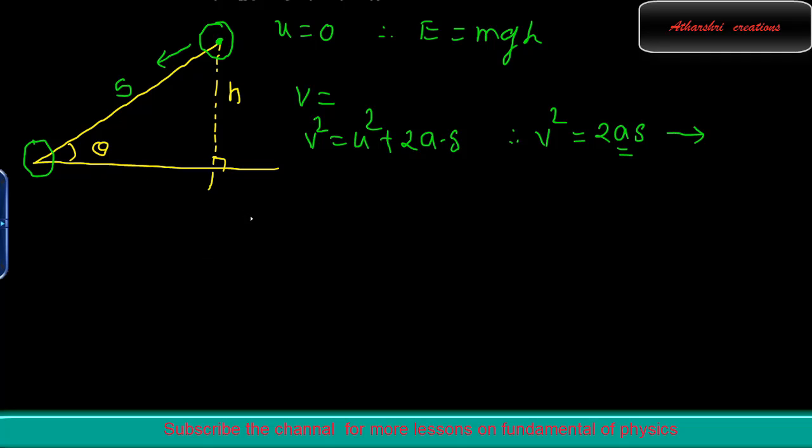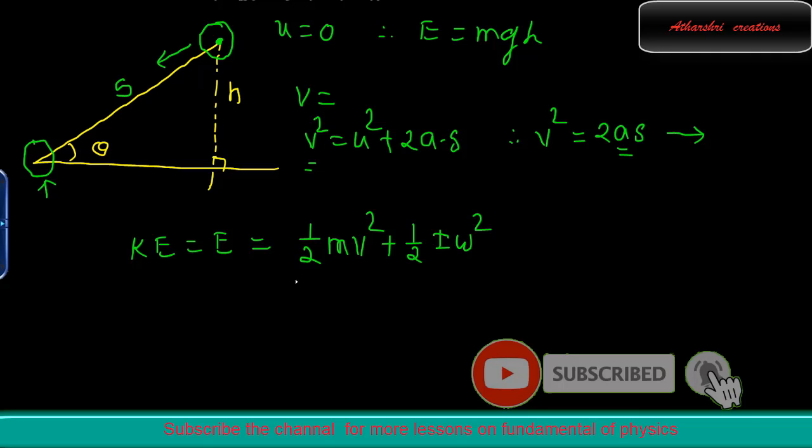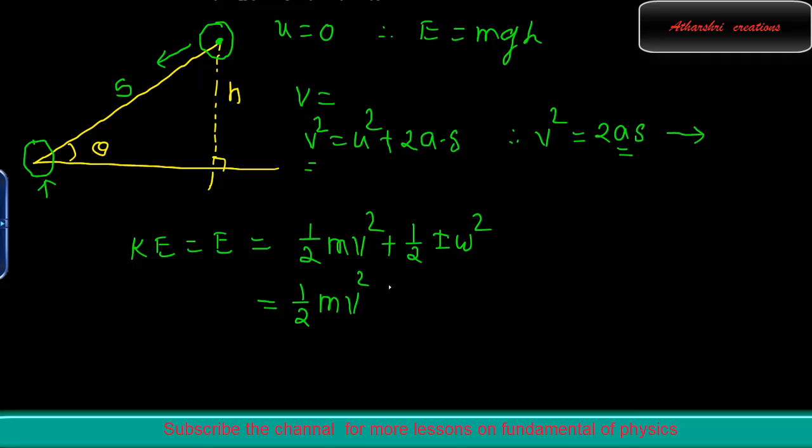Now see, if v is the linear velocity as discussed earlier, the total kinetic energy of the rolling body when it reaches this position is given by the total energy, which is equal to 1/2 m v square plus 1/2 I omega square, which is equal to 1/2 m v square (1 plus k square divided by r square).